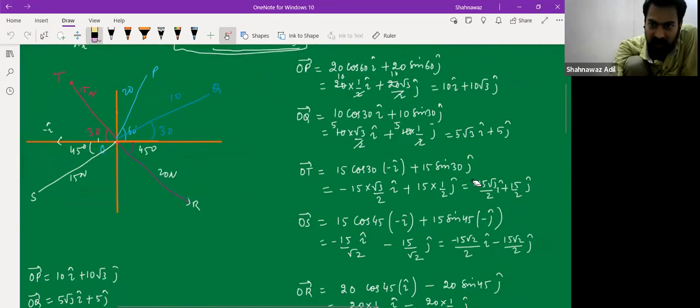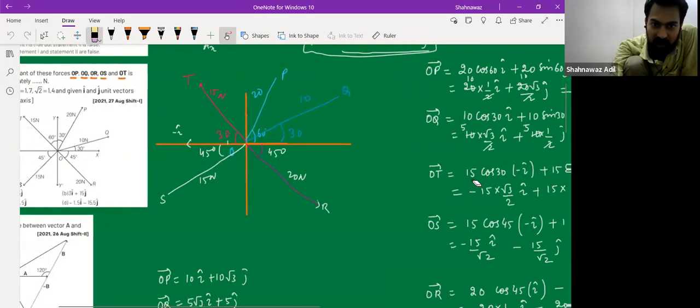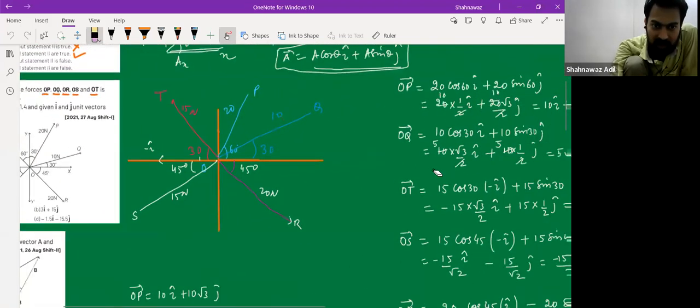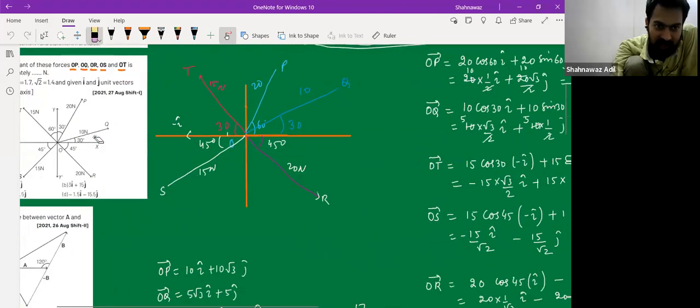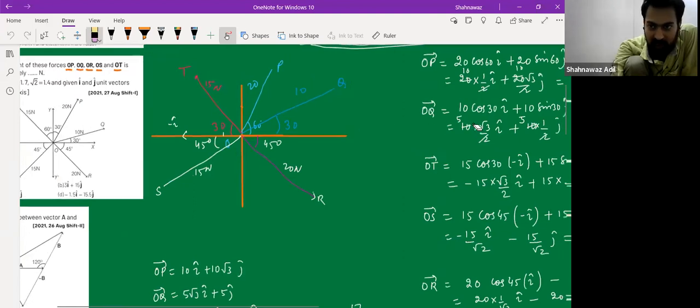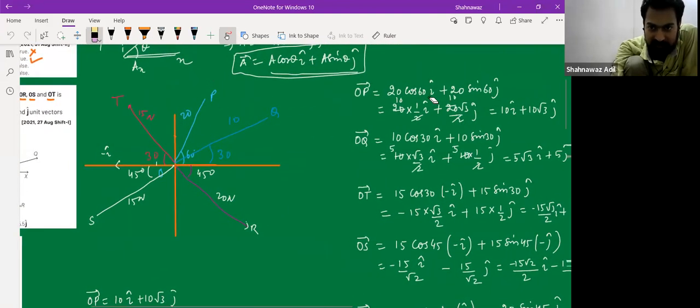It is 20 cos 30, I think. So you see that I changed the angle, right? This is 30, so this would be 60. From the horizontal direction, we measure the angle, right? So this is 20 cos 60.